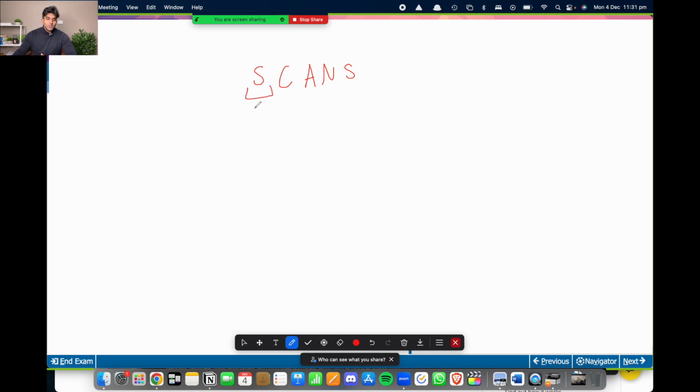So SCANS. The first S is for shape. And under shape, you have things like what kind of shapes there are, so things like triangles, quadrilaterals.